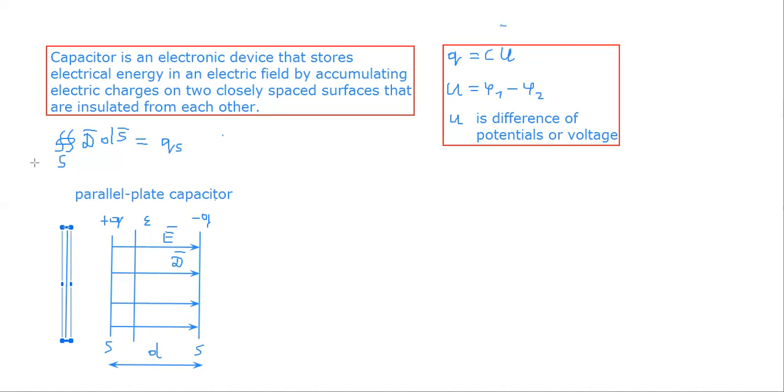I'll draw it with a dash line in order to make a difference between the drawn and the real object. Surface S has area S.